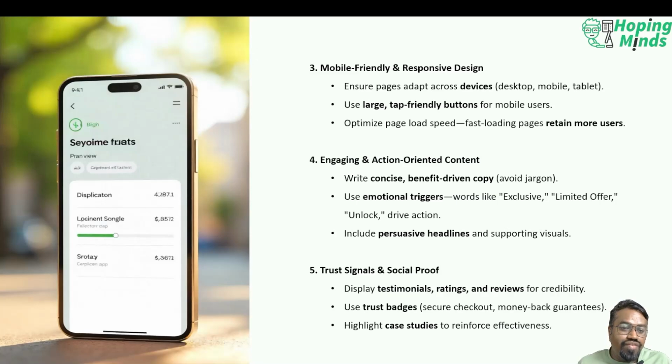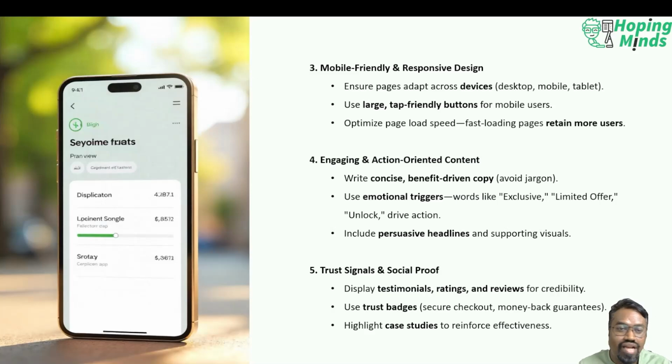Then we can highlight some kind of case studies or reinforce effectiveness, again putting some effort to make sure that the user believes that the website they are already in is a trusted website from where we can do any kind of shopping.